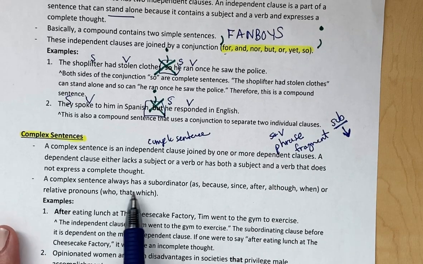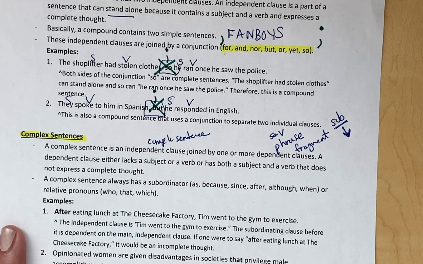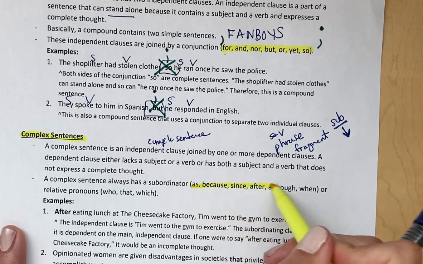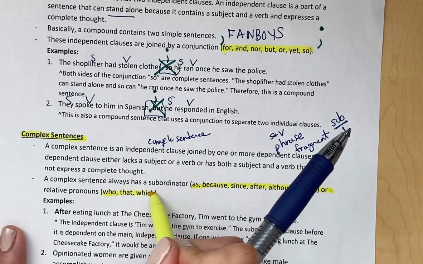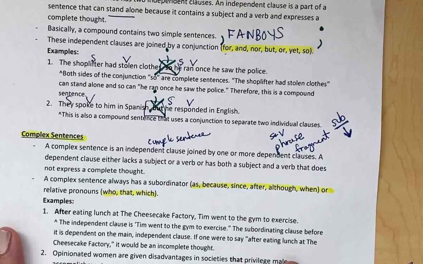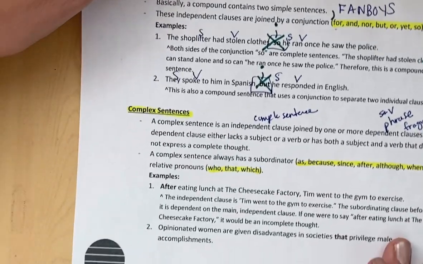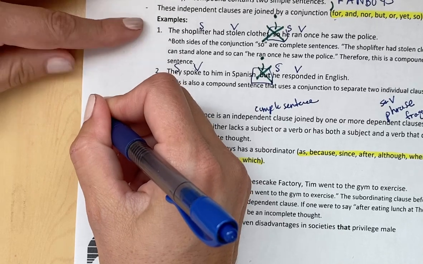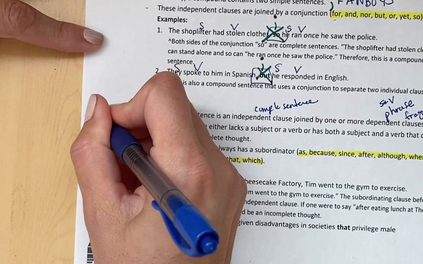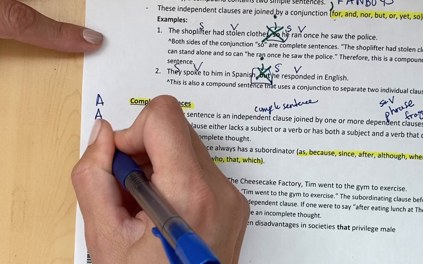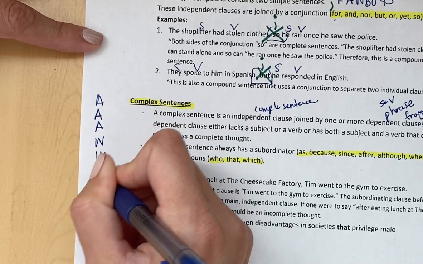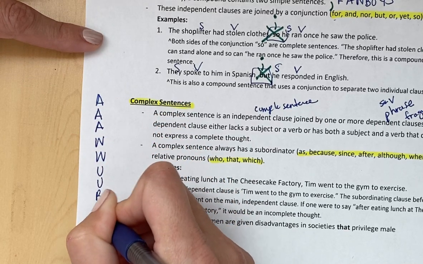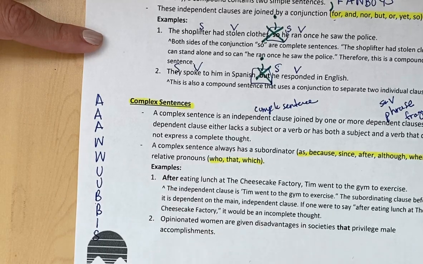Okay, so a complex sentence always has a subordinator. Remember we talked about that sub? And there's actually a list of subordinators. You might have heard it before. It is an actual thing. You can Google it. This is not a word I'm making up. It is called a woobus. And I like to say it, a woobus. Why? I don't know. Because sometimes when you're doing things like syntax, you have to make it fun because it doesn't seem so fun sometimes.